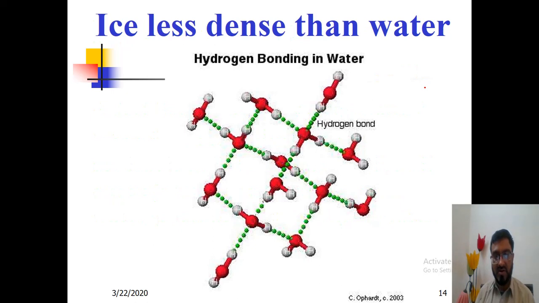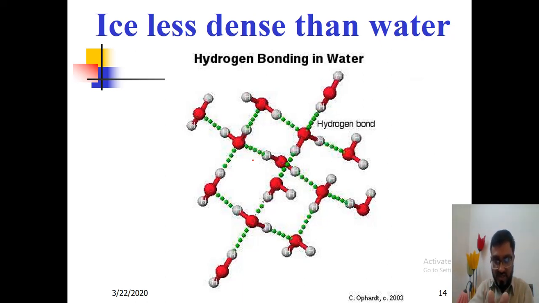And how can this behavior be explained? You can see that the hydrogen forces are responsible for the molecules coming apart. For other liquids, the molecules contract and come closer to each other.